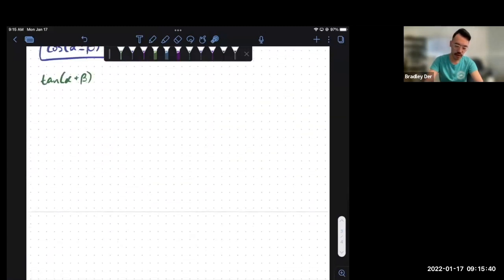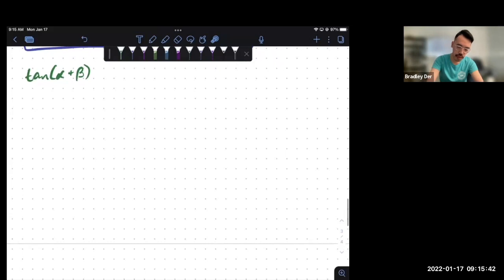I'm just going to start right down here. The following have to be equivalent. We're going to start with the expression that we want, which is tangent of alpha plus beta, and let's just see where that takes us.